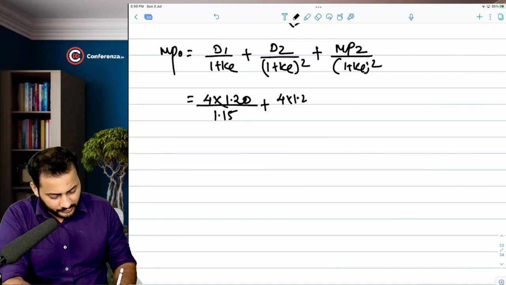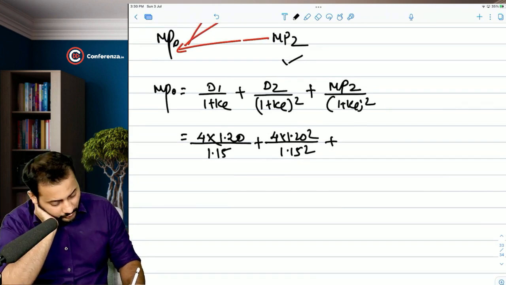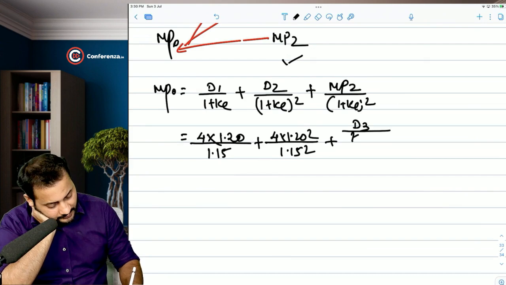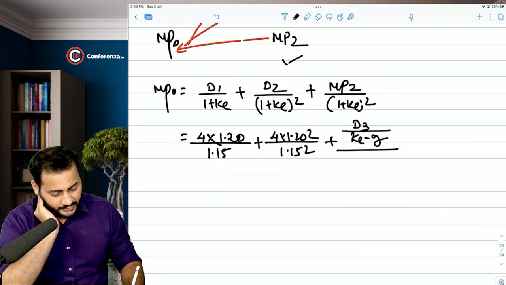So I should write it like this: plus 4 into 1.20 square, over 1.15 square, plus, now how to write MP2? For MP2 we need D3 divided by cost of equity minus growth, am I right? Divided by 1.15 to the power 2.